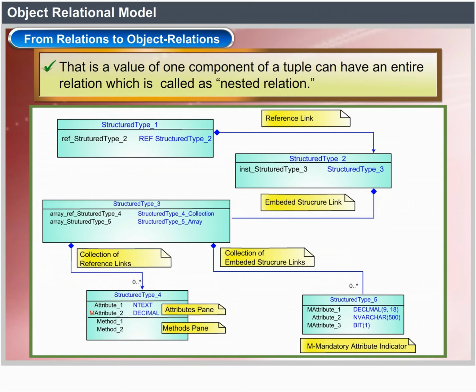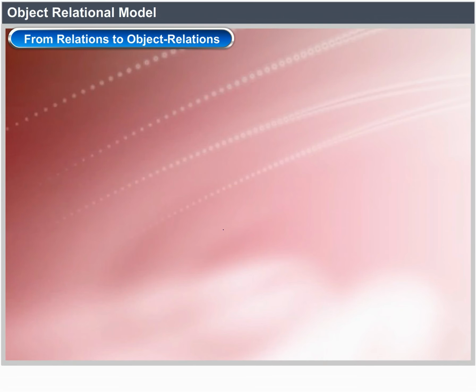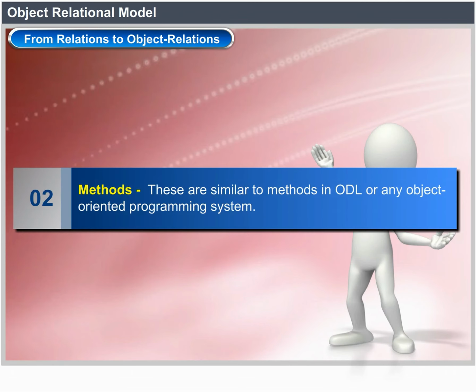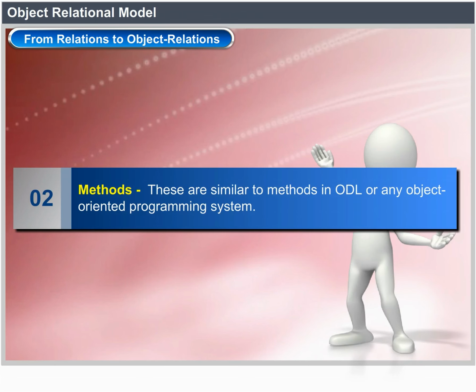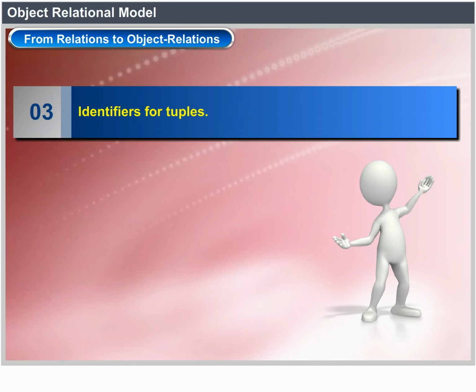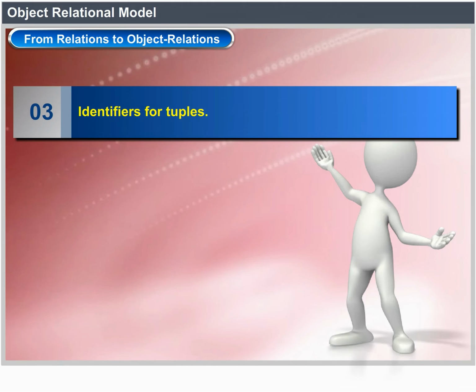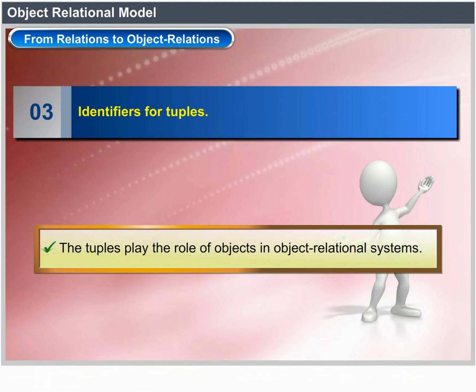Number 2. Methods. These are similar to methods in ODL or any object-oriented programming system. Number 3. Identifiers for tuples. In object relational systems, tuples play the role of objects.